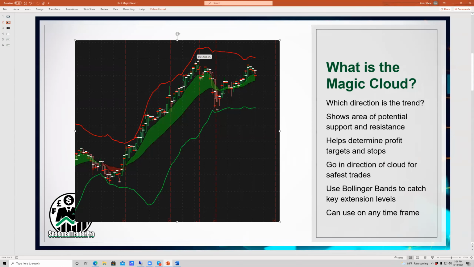Linda mentions Ichimoku charts. Ichimoku charts are a totally different formula. They're not very similar at all to what I use, but Ichimoku, just like any other indicator, some just use moving averages. There's a lot of ways that you can determine a trend.